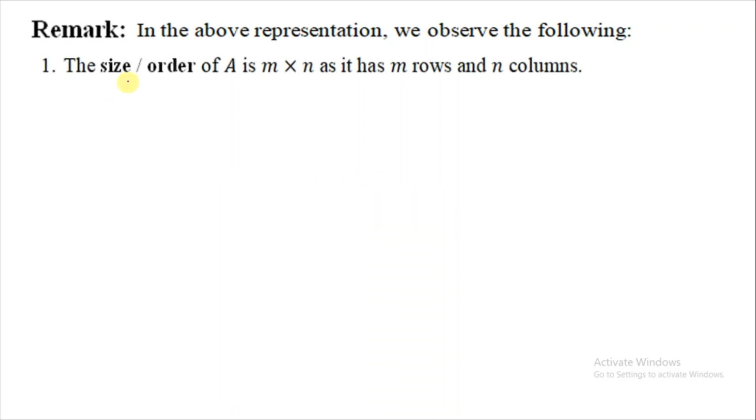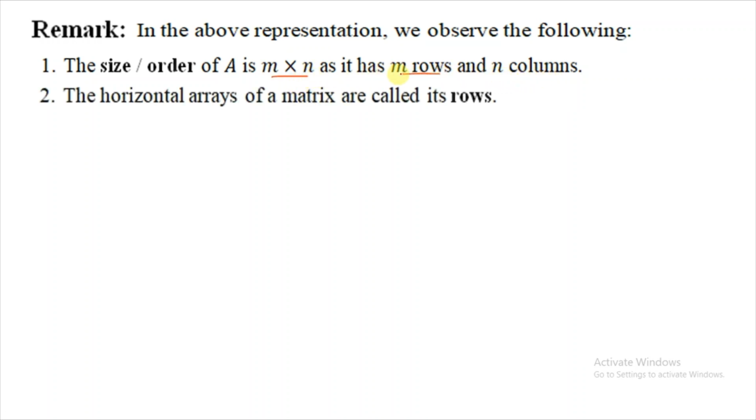Now some remarks. In the above representation, we observe the following. The size or order of A is M by N. If we read M by N, it represents M rows and N columns. That M by N matrix means it has M rows and N columns.